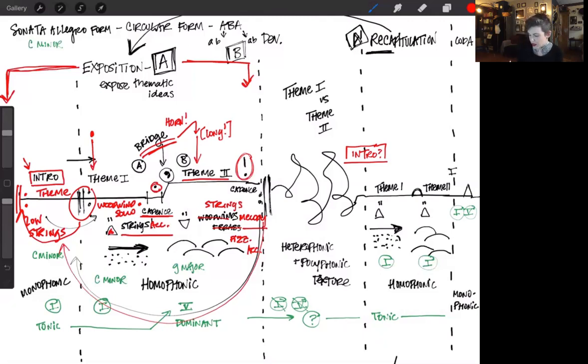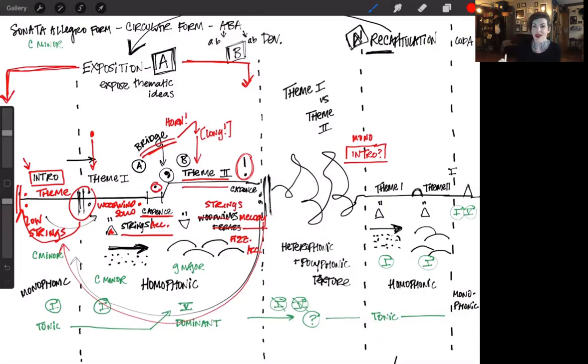By the way, still in theme 2. So we are either going to hear a monophonic introduction at the beginning of our recap, or the theme 1, this woodwind solo with the string accompaniment that we heard during the exposition.